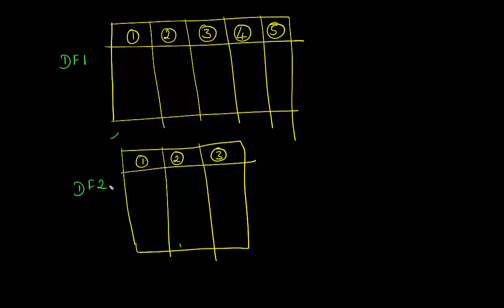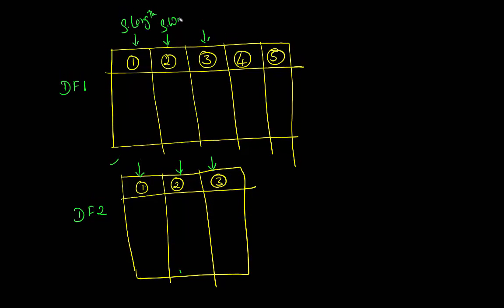So the column definitions and data in 1, 2, and 3 match with this data frame, let's say. Meaning, let's say this is sepal length, sepal width, and petal length, right? And then this is going to be petal width, and this is species.